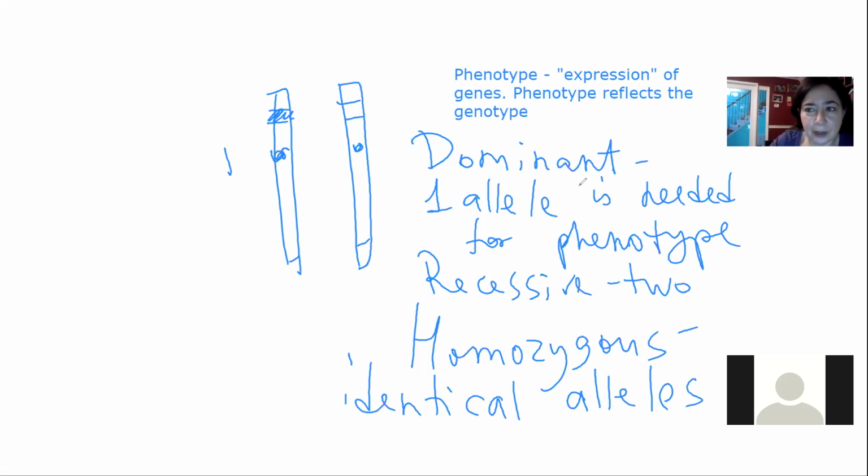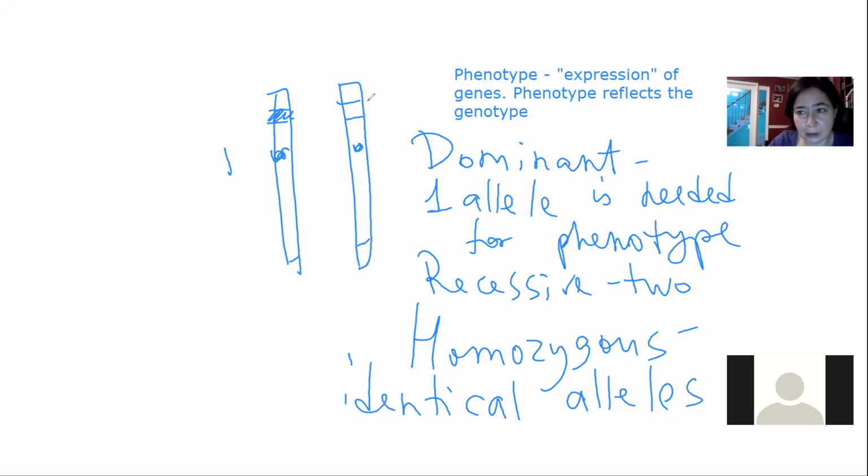It doesn't mean that the recessive doesn't do anything, but more contribution comes from the dominant allele than from the recessive. I hope this material so far should be familiar to you.